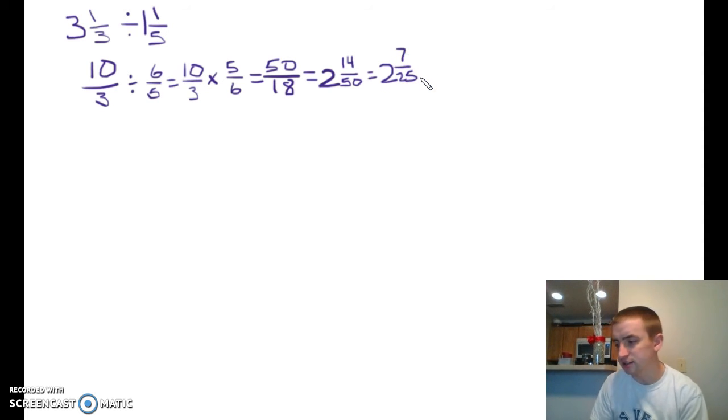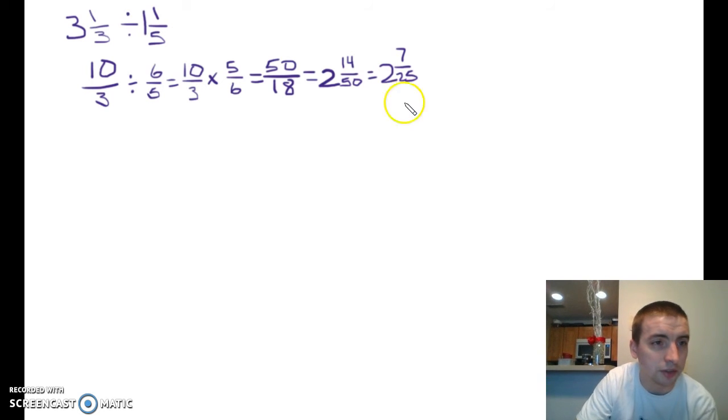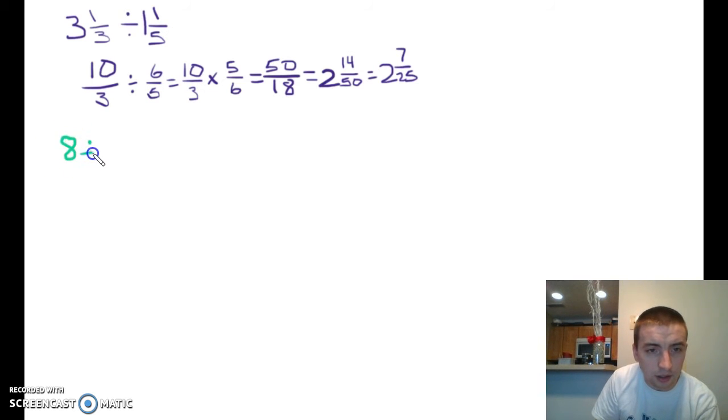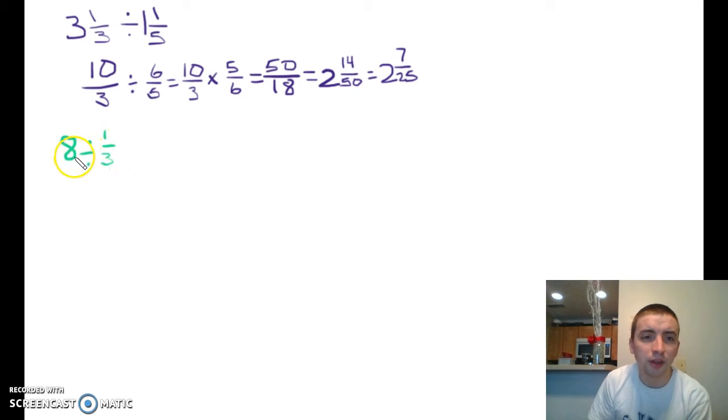Alright, let's take a look at some whole numbers. So if I have 8 and I want to divide that by 1/3. Okay. So remember, in order to make a whole number a fraction, I'm going to put it over 1.